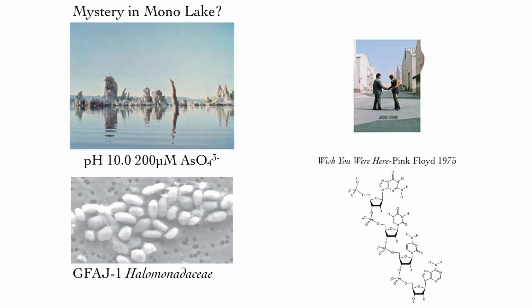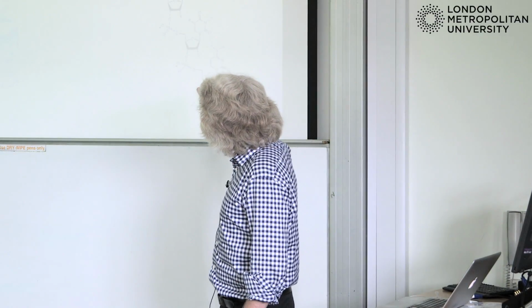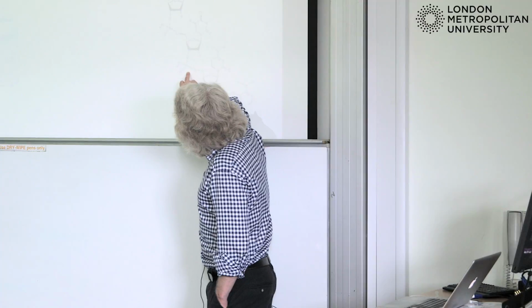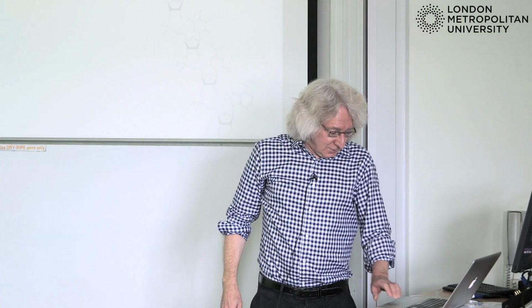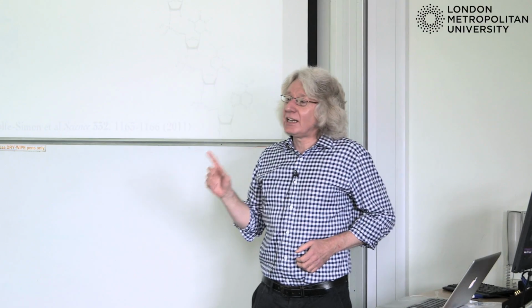And they went on to make the outrageous claim that these microbes were incorporating arsenate in place of phosphate in their essential biomolecules, including nucleic acids. So arsenate instead of phosphate. And this was published in Science at the end of 2011. I have the paper if anyone's interested. But now this is indeed an extraordinary claim.